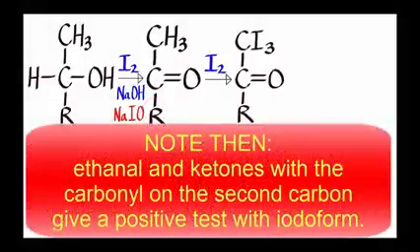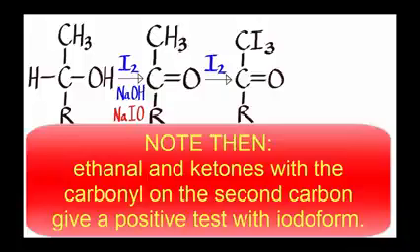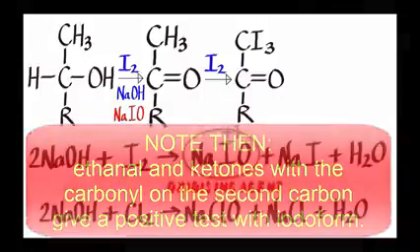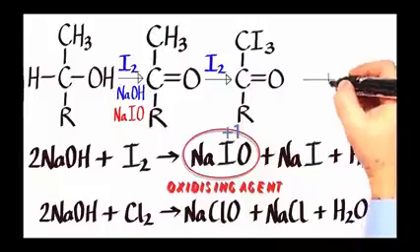In the next step, the iodine then reacts with the methyl group, hence, as I said, the requirement for the methyl group, forming CI3. So the H's have been replaced by iodines.